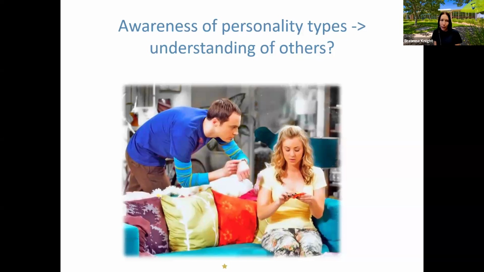And as I said, one of the most important parts of this module is understanding yourself, but also understanding others and maybe understanding why they think the way they do. If you're interested, you can look up online how they've been used in TV and movie scripts.